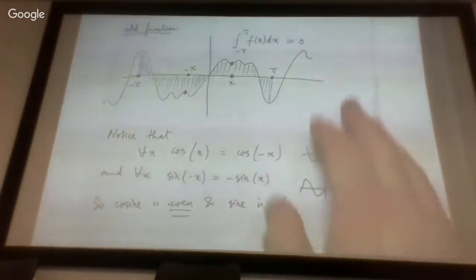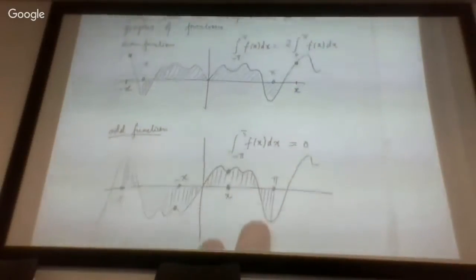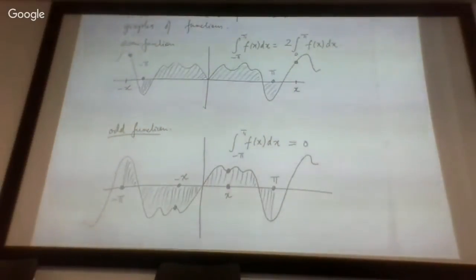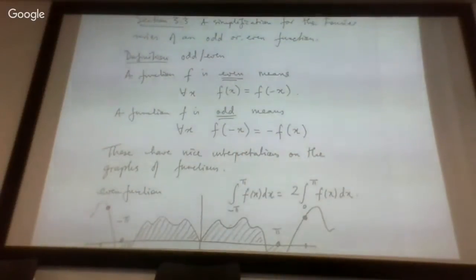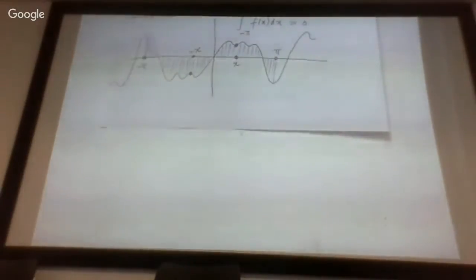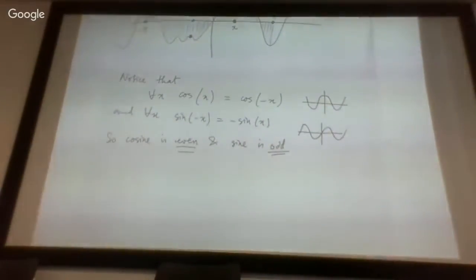I mean, the pictures are pretty convincing. The pictures and arguing about the signed areas is more or less the proof, but maybe we'd like to see a formal treatment of it as well, one that just follows from the formal definition of odd and even functions. So which order will we take these in? Maybe let's look at the products first. So let's understand the products. So that's theorem 3.2, isn't it?